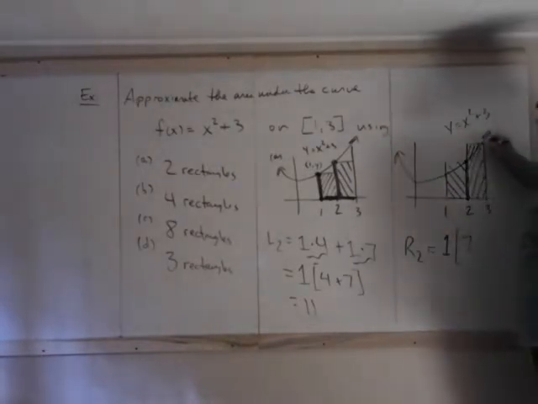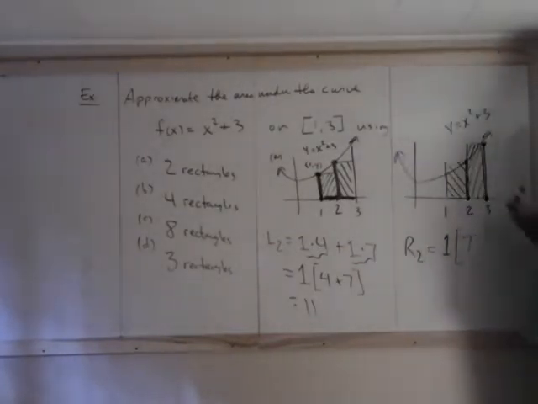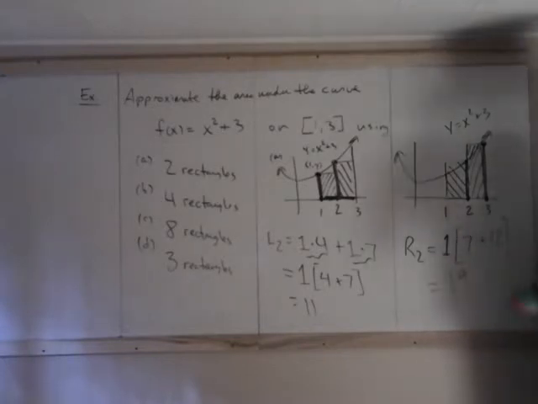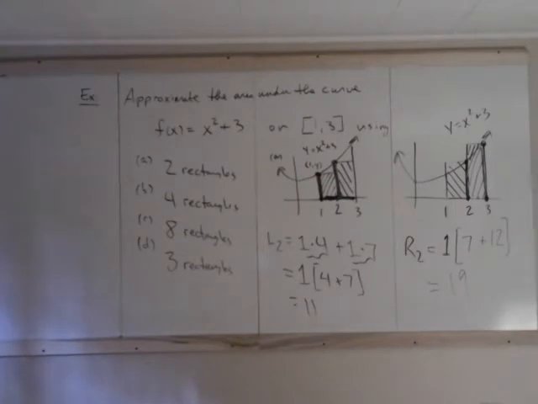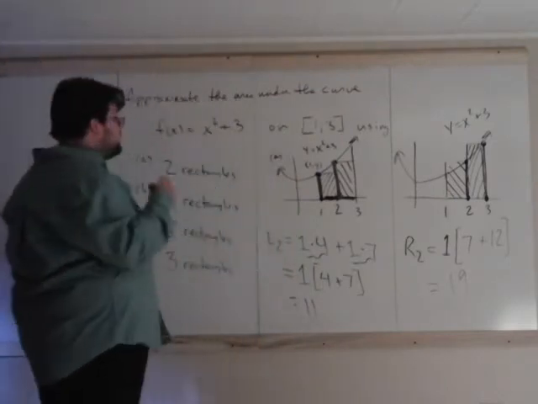The next rectangle has height given by this y value, the y value that occurs when x equals 3. When x equals 3, you get what? 9 plus 3, which is 12. So using right endpoints, our approximation with 2 rectangles is 19. 12 plus 7 times 1.